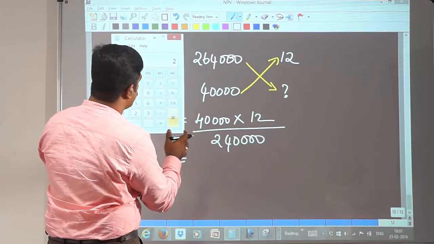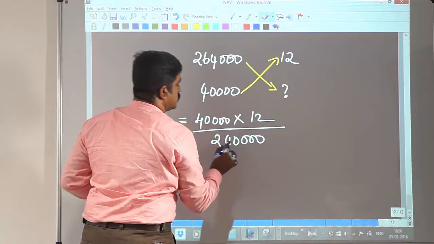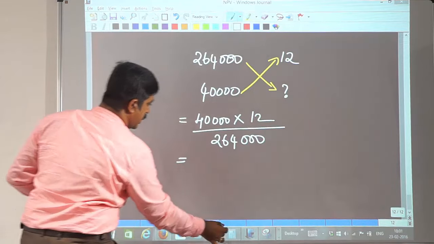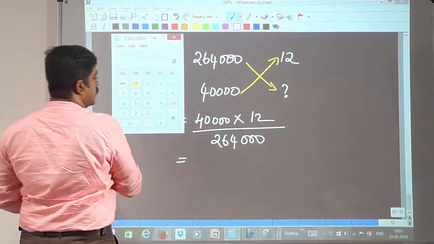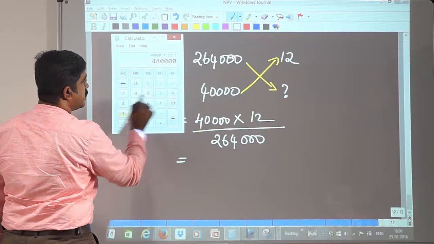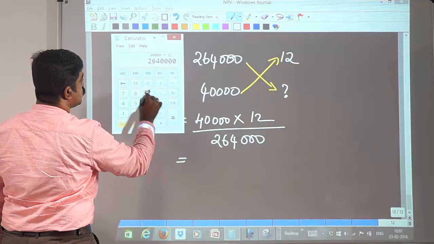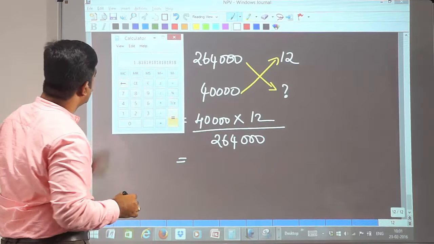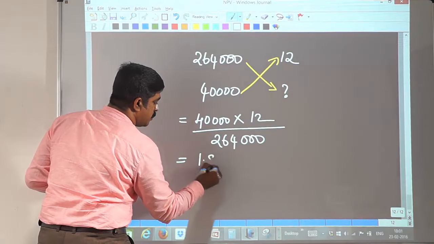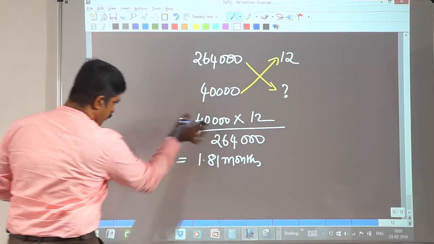I think I have written it wrongly. It is not 2,40,000. It is 2,64,000. So let me correct that and redo the calculation. It is 40,000 into 12 divided by 2,64,000. How much is it? It gives me 1.81. That is, it takes 1.81 months to recover 40,000.